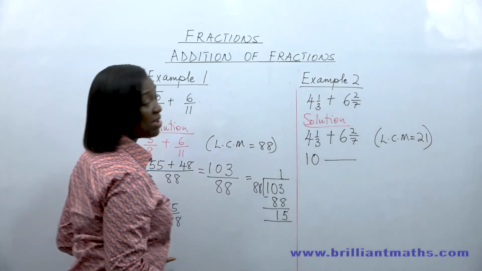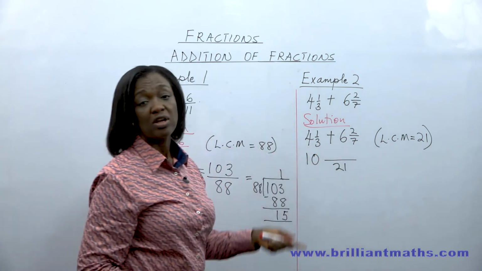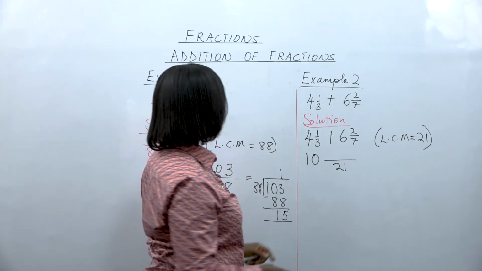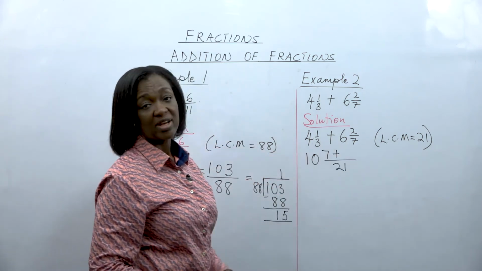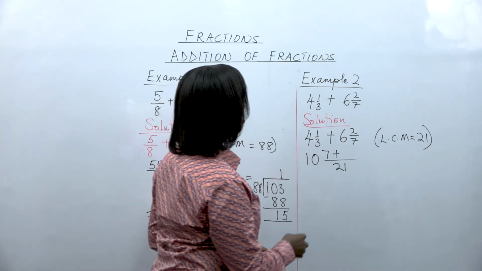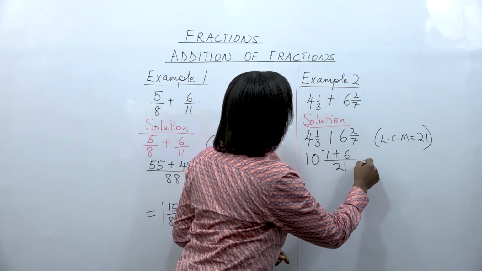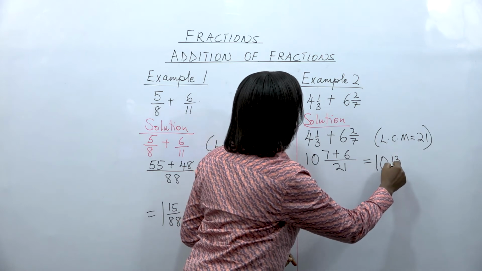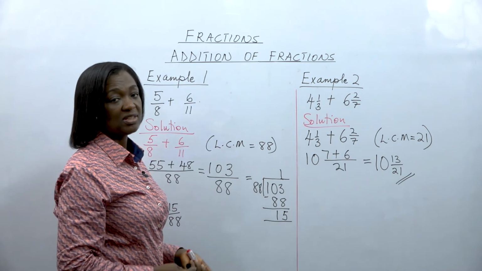So using the same method, 21 as a common denominator for both. 3 into 21 is 7. 7 times 1 is 7, plus 7 into 21 is 3. 3 times 2 is 6. And that gives us 10, 13 over 21. And that's the final answer.